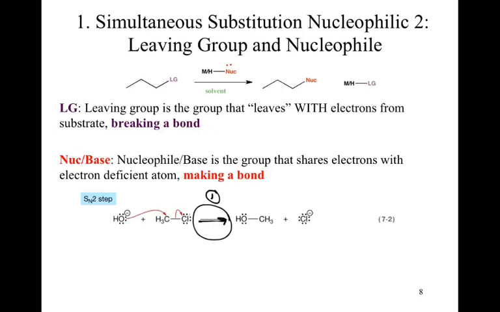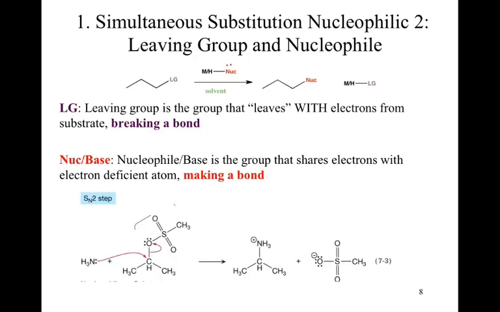Your textbook goes through and gives you a variety of other examples. So we can see larger and more different groups in each case, and just because it's bigger doesn't change its functionality. In this case, what ends up happening is the atom supplying our electrons, our nucleophile, attacks, while at the same time our leaving group takes electrons.